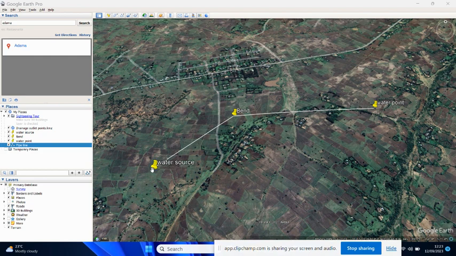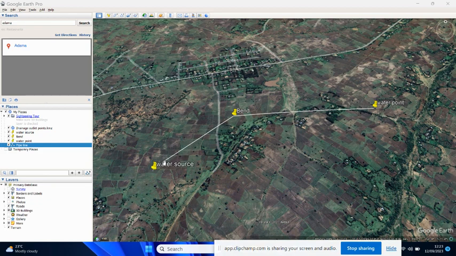Finally, before importing this data to WaterCard and designing the pipe size, we have to check whether there is a peak point along these lines.